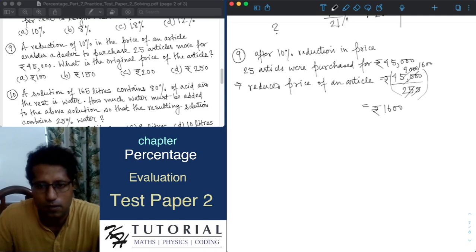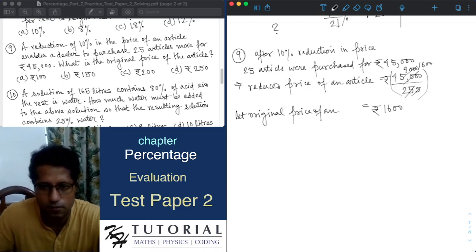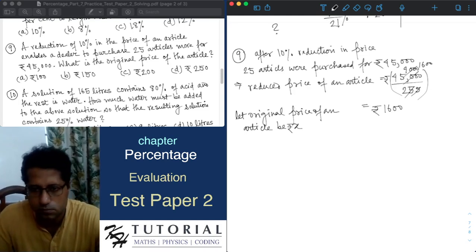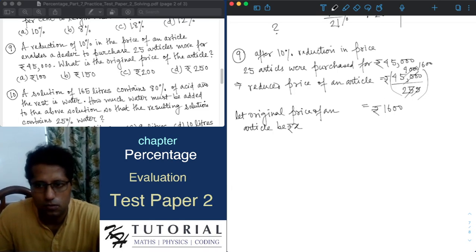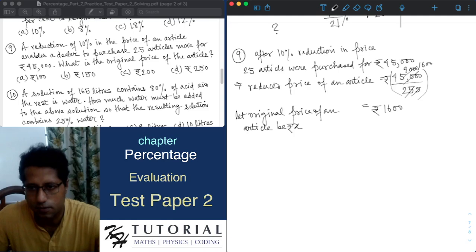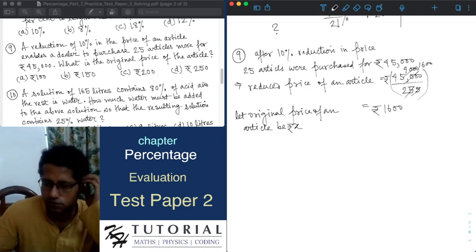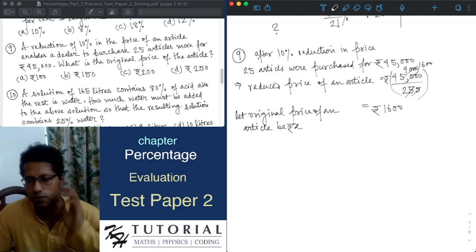So now let the original price of an article be rupees X. The price after the deduction of 10% is the one we calculated.